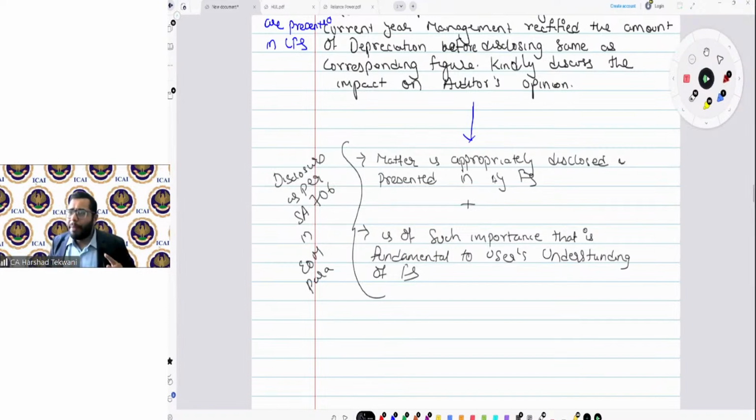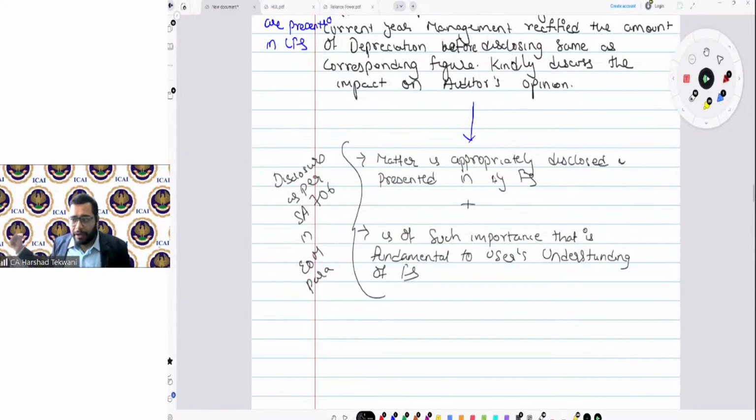So in the EOM para, I will bring to the user's attention that last year there was a misstatement in the depreciation because of which a qualified opinion was issued. However, while presenting the corresponding numbers, the management has rectified it and has given effect as per the appropriate requirement of the financial reporting framework.